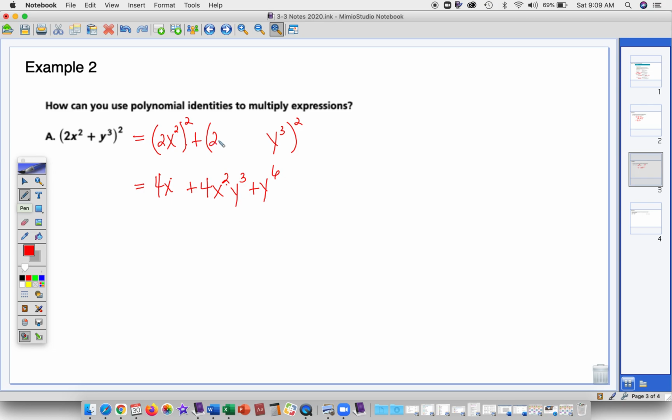Plus 2 times 2x squared times y cubed, and then it's plus y cubed. I should have just erased the whole thing from the beginning.